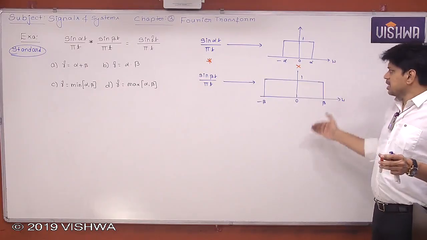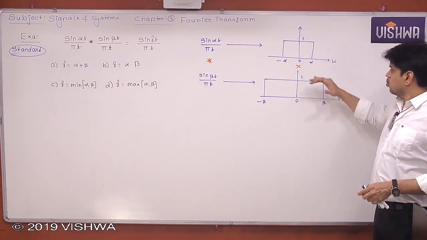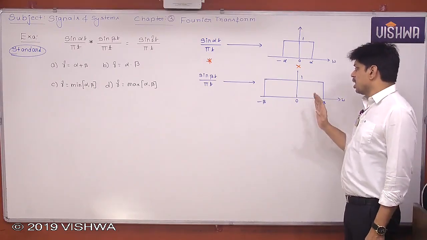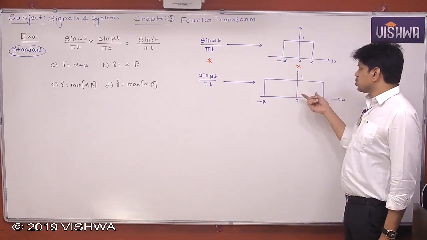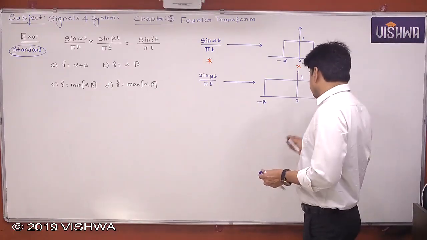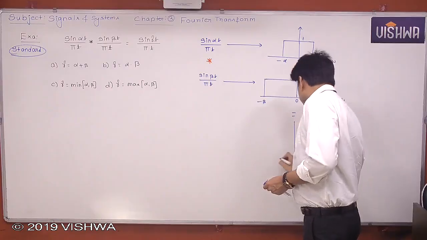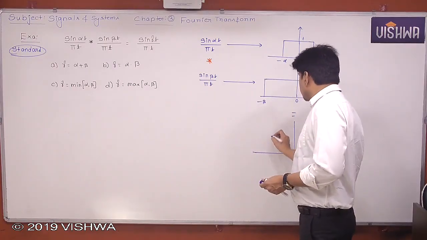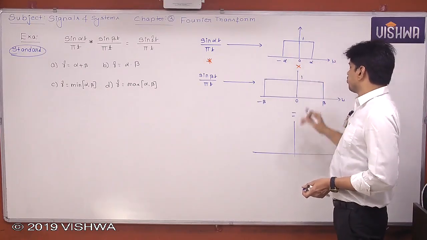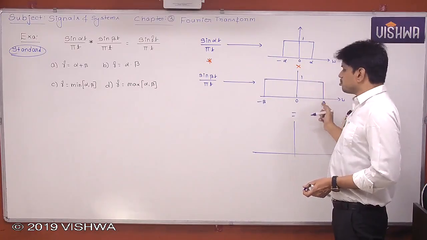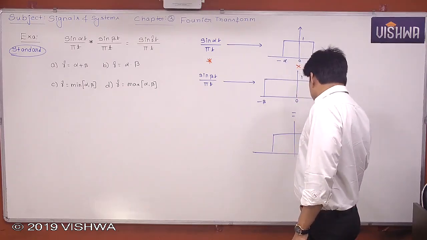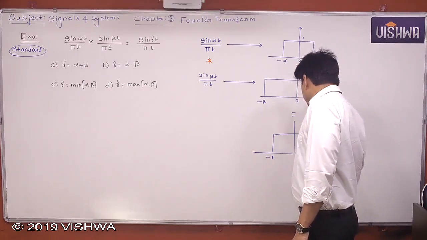Then what is the resultant of these two if I multiply them? 1 multiplied with 1 is going to be 1 only. But does it exist from minus alpha to plus alpha or minus beta to plus beta? If I multiply these two, whichever is smaller, that's what we have to take. So in this case it exists between minus alpha and plus alpha, because after that it is going to be 0. So I can say whichever is the minimum, that's what we have to take. So it is going to exist between, let's say, minus gamma and plus gamma.